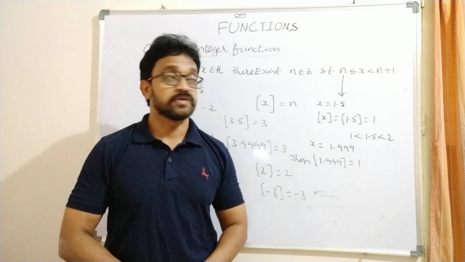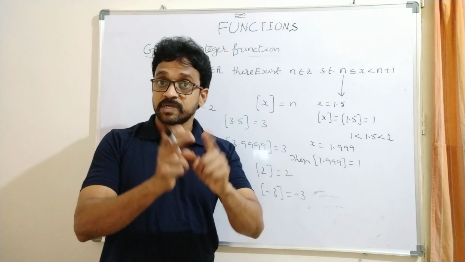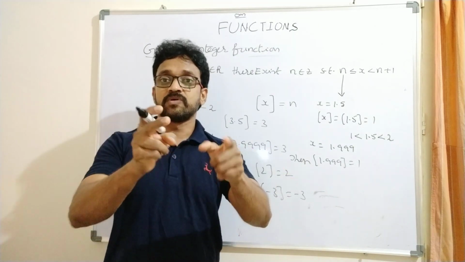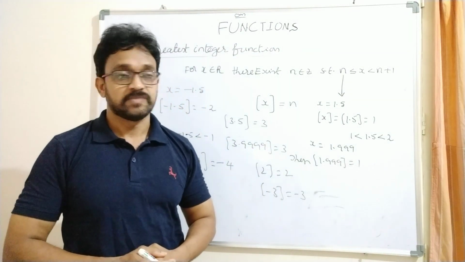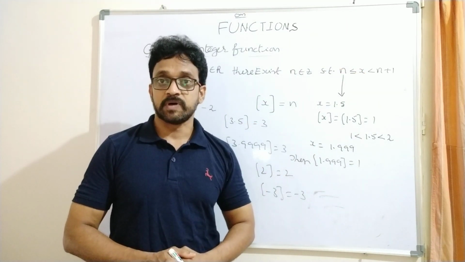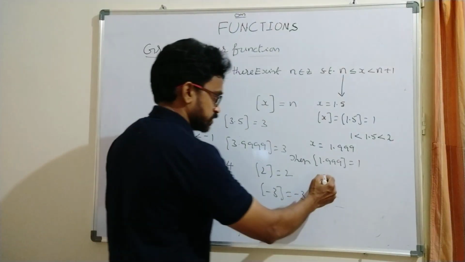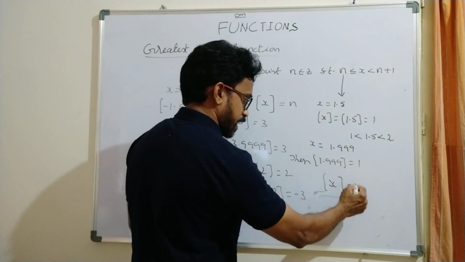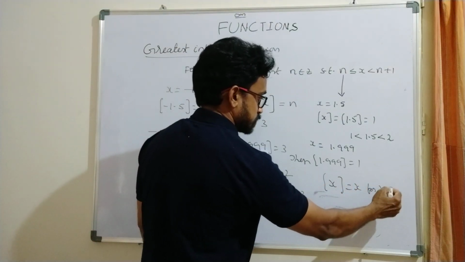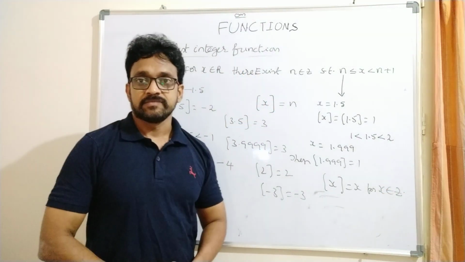When x is a non-integer, step of that number lies between two consecutive integers. Suppose here x is an integer, step of x is itself. Step x is equal to x. That's why now we should generalize: step x is equal to x for x belongs to Z. Okay.